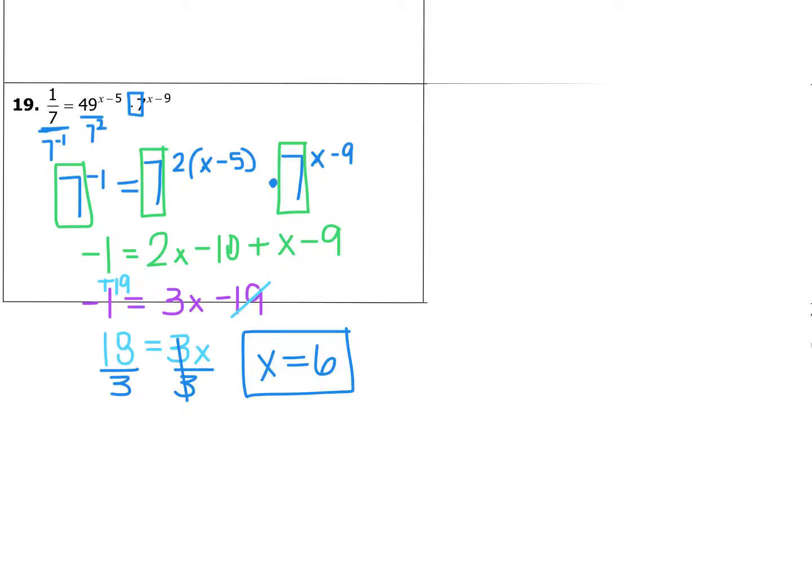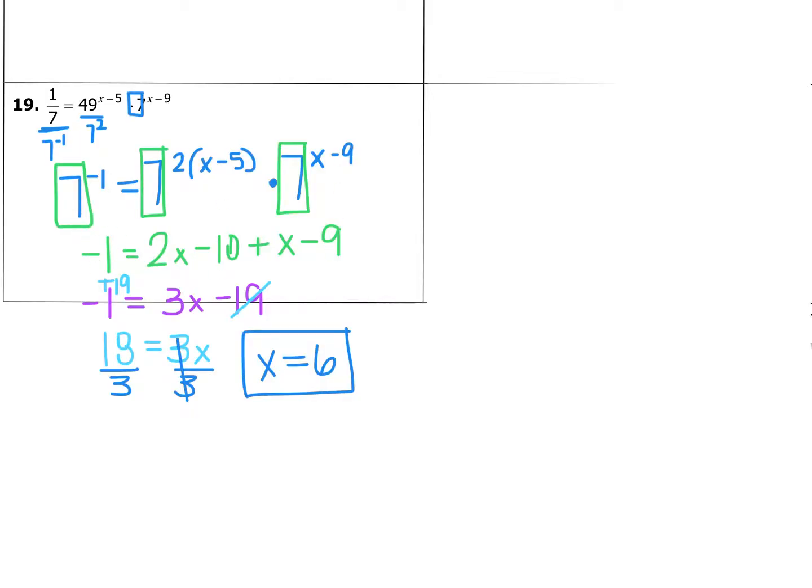So first of all, I saw that I had 1/7, 49, and 7. So obviously 7 is going to be my base. So this one is fine. Nothing needs to be done to it. 49 is the same as 7 to the second, and then 1/7 is 7 to the first, but in the denominator, so that becomes 7 to the negative 1. So now that I have that common base, I'm able to just write the equation.